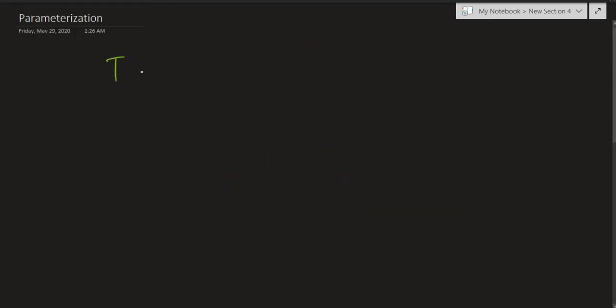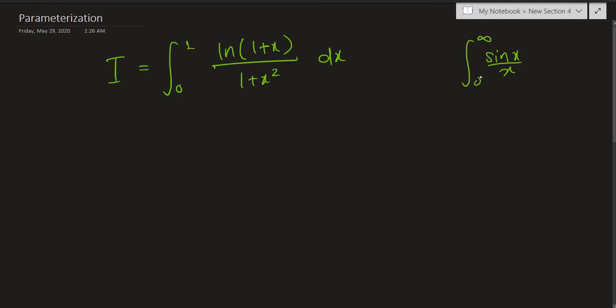So we have our integral I, defined as the integral from 0 to 1 of natural log of 1 plus x divided by 1 plus x squared dx. And now if you remember the video of sine of x over x integrated from 0 to infinity, there we introduced an exponential term and used that as a fresh function which had the parameter inside the argument.